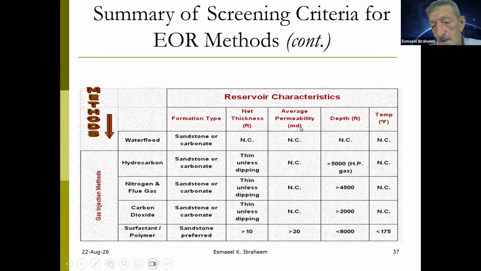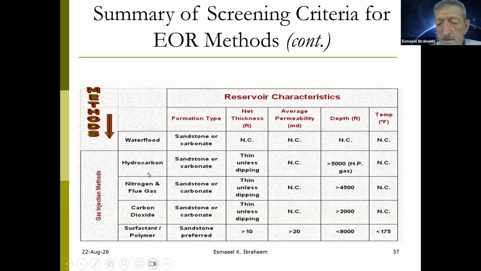Average permeability any, depth any, and temperature any. For gas injection methods, we usually use hydrocarbon flood, in sandstone or carbonate. The gas injection hydrocarbon means hydrocarbon gases.